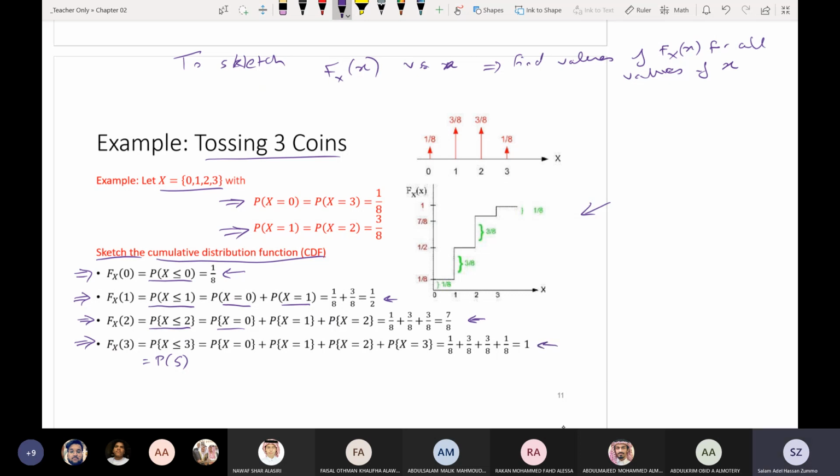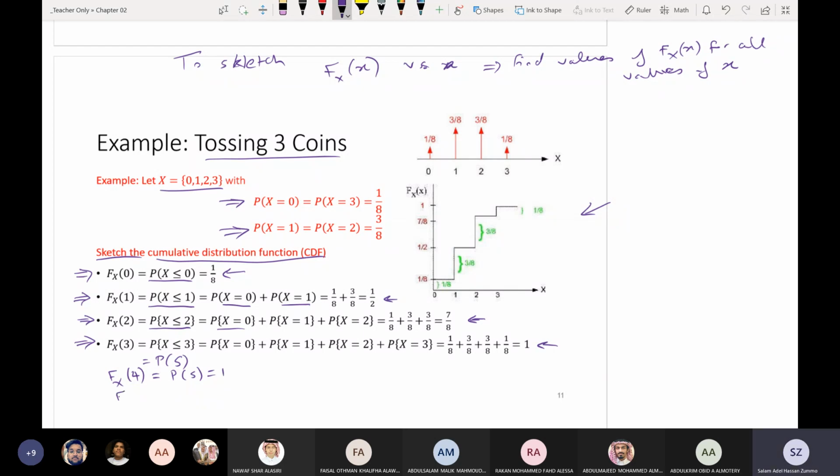Because the corresponding event in the sample space for X less than or equal to 3 is S. So what about F_X of 4? It's 1. Again, it's the probability of S, which is 1.